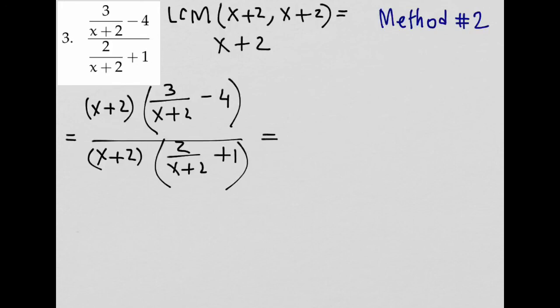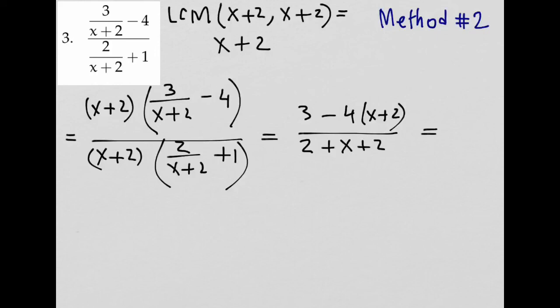That's equal to x plus 2 times 3 over x plus 2, that's 3, minus 4 times x plus 2. In the denominator, x plus 2 times 2 over x plus 2, that's 2, plus x plus 2 times 1, which is x plus 2.